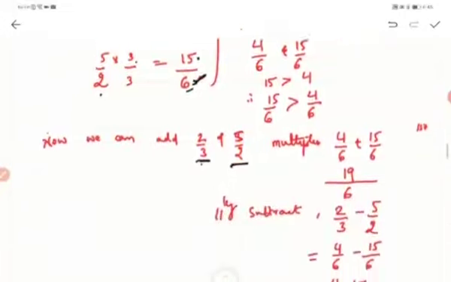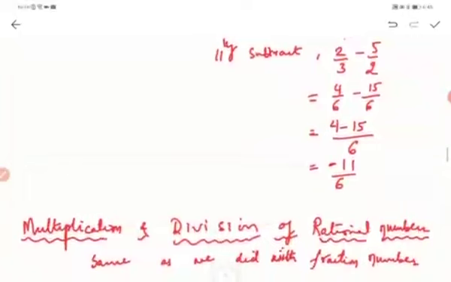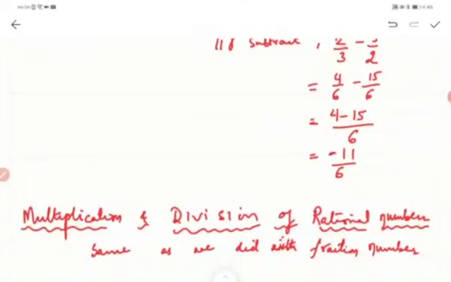It's very simple. Okay, multiplication and division of rational numbers, again, is the same as your fractions. See, rational numbers are no different from your fraction numbers. The only difference is that in rational numbers you will have positive fractions, okay, and negative fractions also.